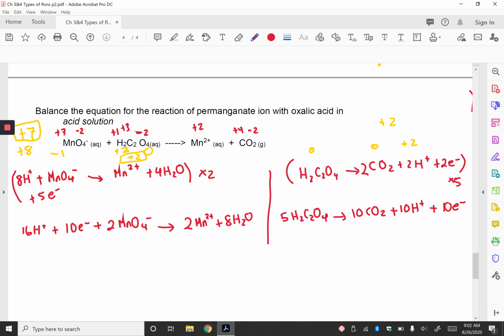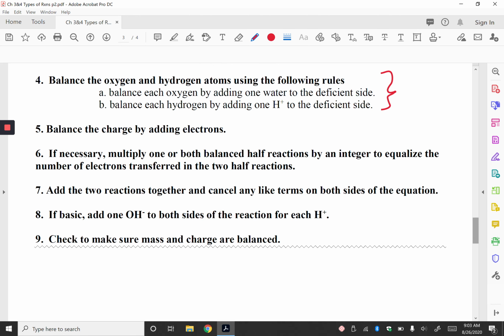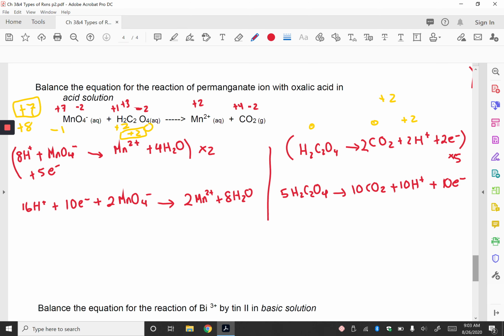All right, let's go to the next step, step 7. Add the two reactions together and cancel any like terms on both sides of the equation. So we split them up into two equations. Now it's time to put them back in one equation. So that means you take all your reactants, add them together, and then draw an arrow, and then you do all of your products on the other side.